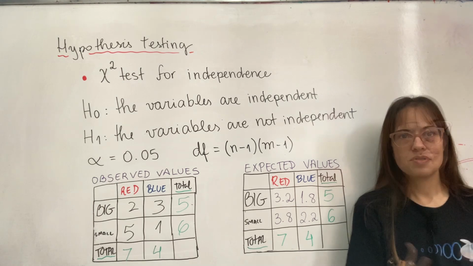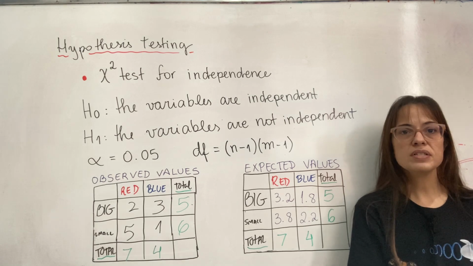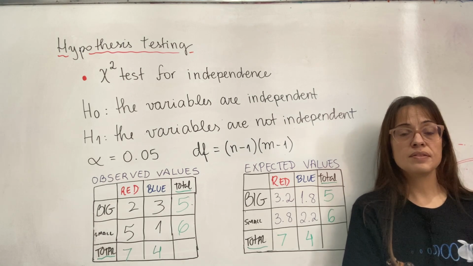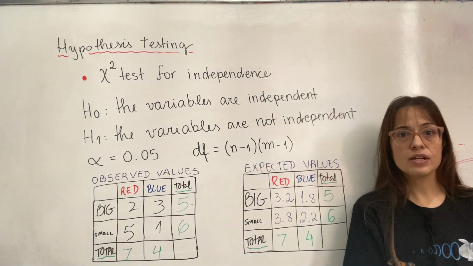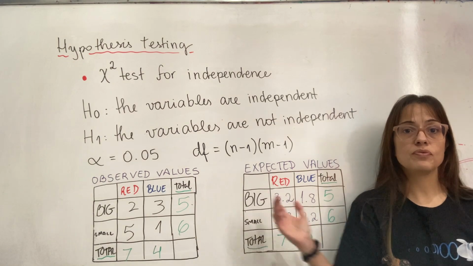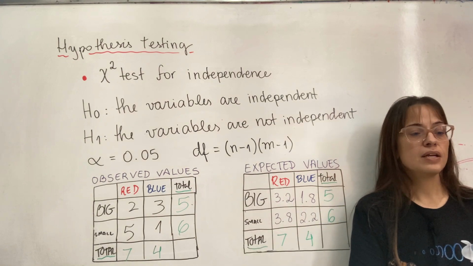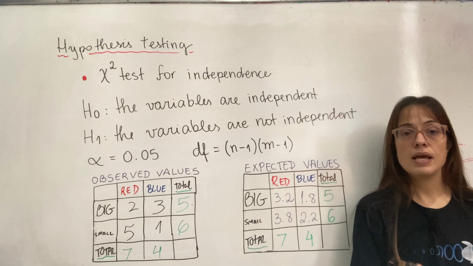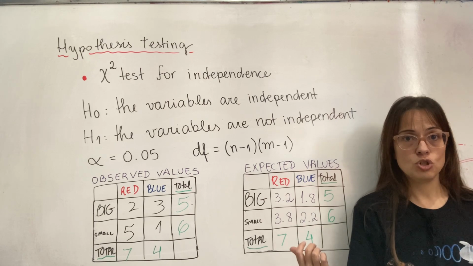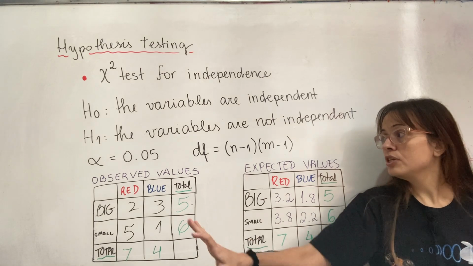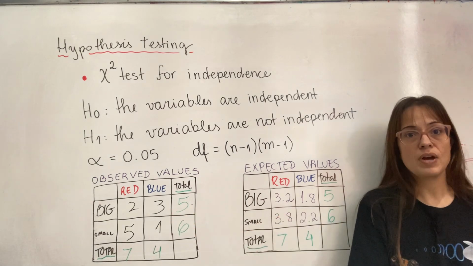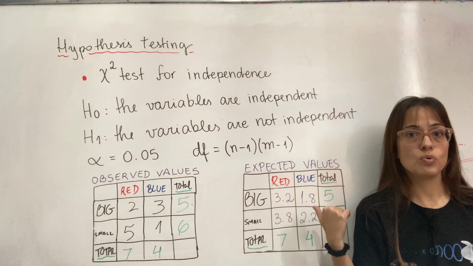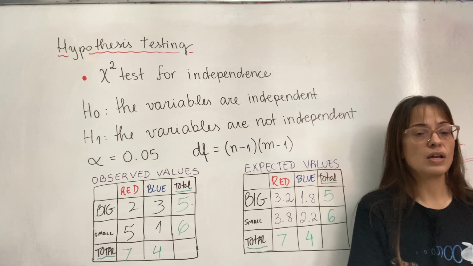So that is the thing that they have in common, why they both have the same name. One difference, though, is that in that case, we had to actually type both of those sets of numbers in the calculator to compare them. And in this case, as you will see, we only need to type in the observed values because the calculator is going to do the table of expected values for us.